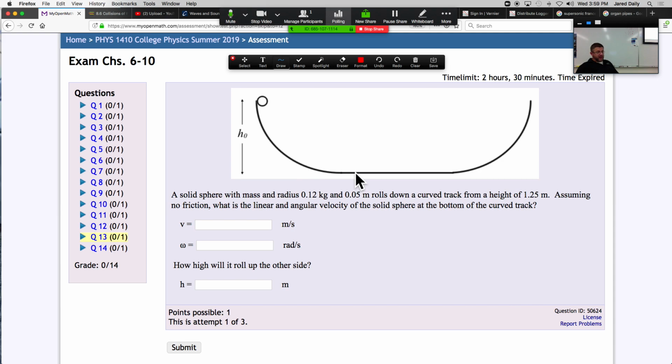But when you get to the bottom, you have to add two kinds of kinetic energy. So in essence, when a ball gets down to the bottom of a hill, rolling down, it actually will be going slower than a box that slides down with zero friction. Because rolling takes some of that potential energy and turns it into rolling kinetic energy.